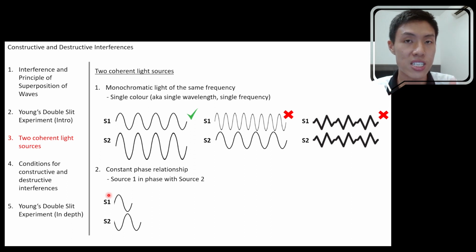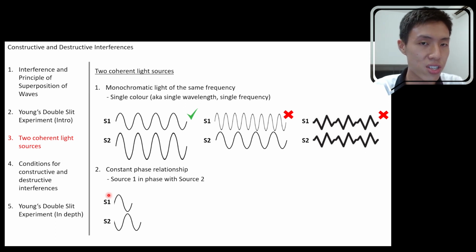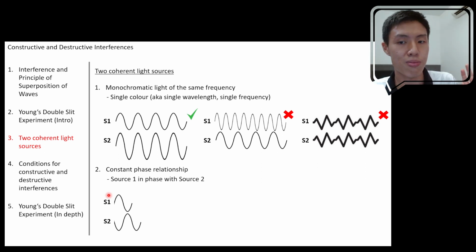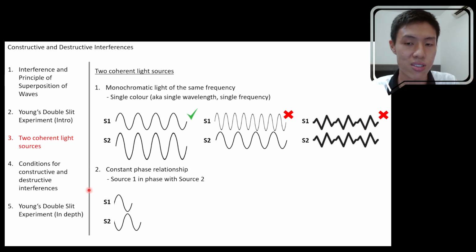The phase difference is pi radians, or 180 degrees. But it can still be called a constant phase relationship if this pi radian relationship remains throughout the experiment.